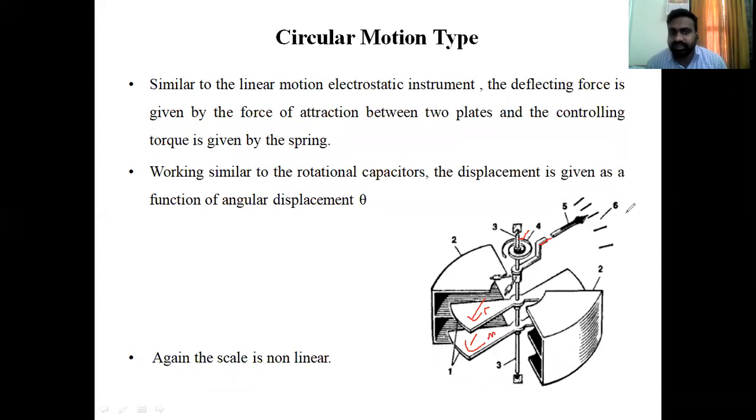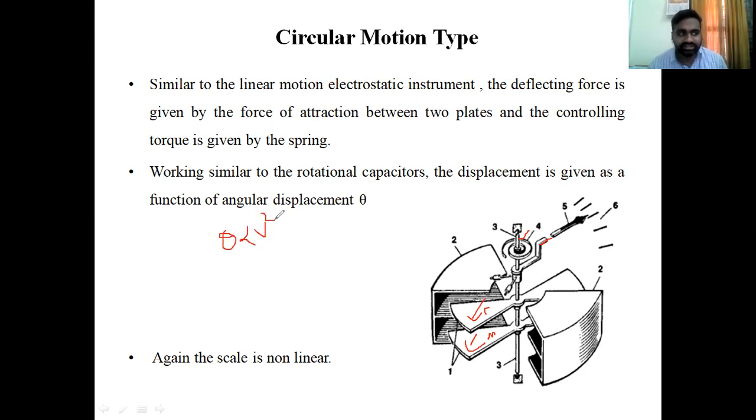That makes things complex, and whenever there is a change in current, there is only a slight deviation in the deflection angle. That's why it is non-linear there. Coming to electrostatic instruments, the deflection angle theta is proportional to voltage square.